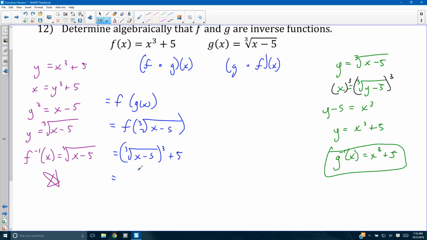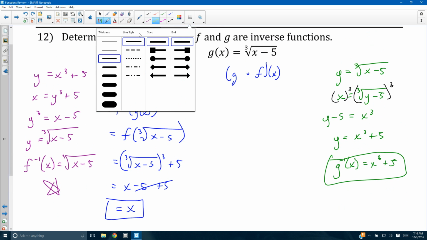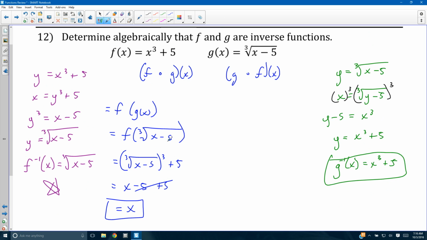Cube root of x minus 5 quantity cubed is x minus 5. Plus 5, these cancel out, you're left with x. So it shows that if I get x out, then these are inverses. That's a true thing to check for. Same with this, because what I'm inputting is what I'm also getting for an output. So if I got the input back out, that's good. It reflects it across y equals x twice, essentially.